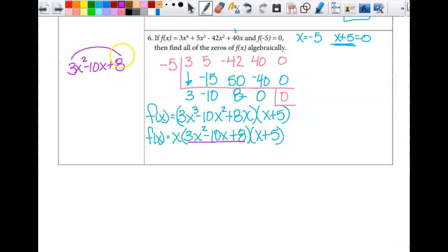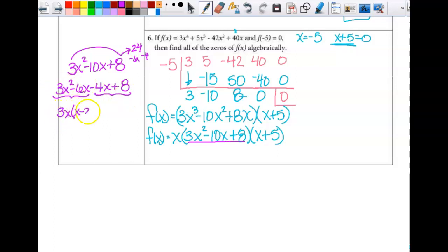So I do 3 times 8, that's 24. So I need two numbers that are going to multiply to give me a positive 24 and combine to give me a negative 10. What are my numbers? Good, negative 6 and negative 4. So that means when I split this, I get 3x squared minus 6x minus 4x plus 8. Then I factor by grouping. And out of this, I can factor out a 3x.